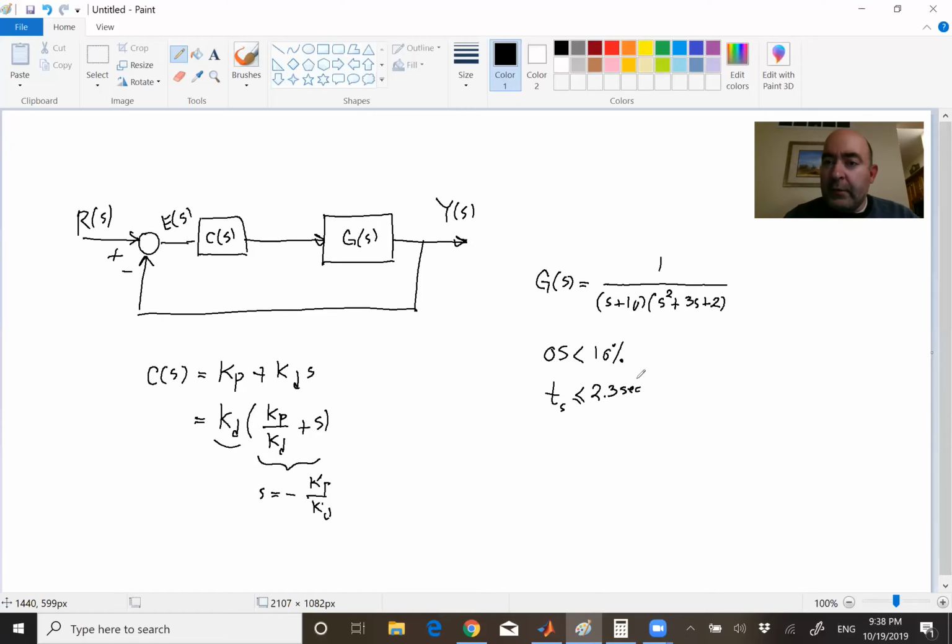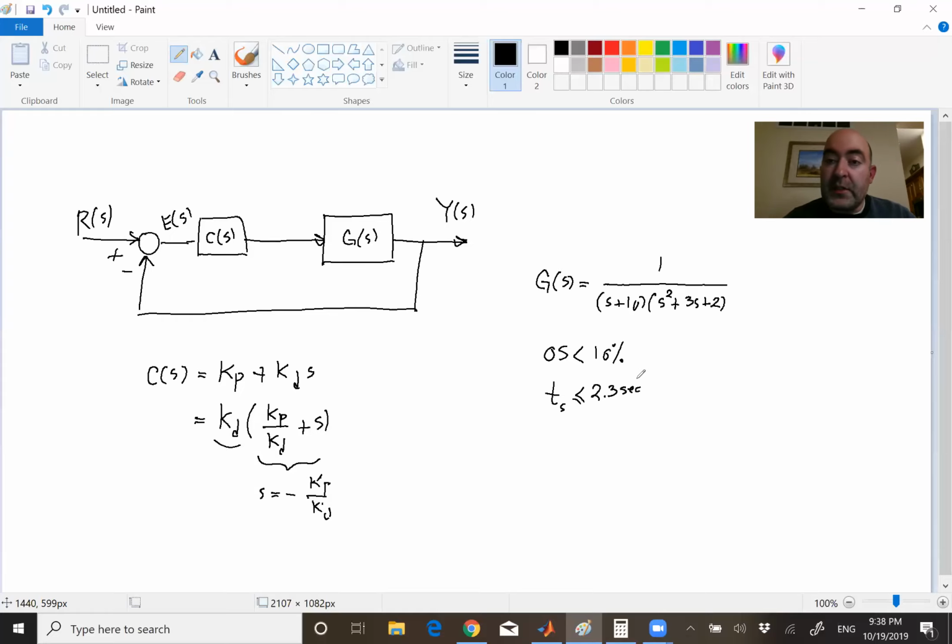Now, we have done this before for a second order system, and you know that it's a relatively easy approach where you would actually add the CS to your system and then find the closed loop poles as a function of your KP and KD, and then find those parameters in such a way that you would achieve this overshoot as well as the settling time.